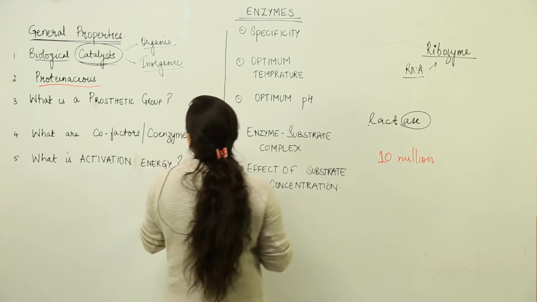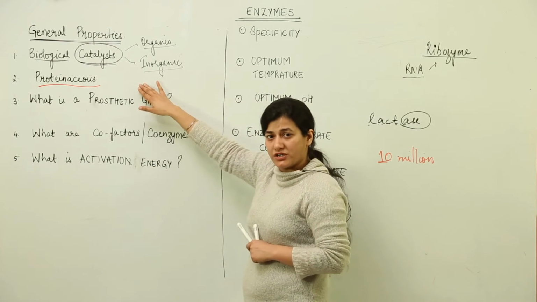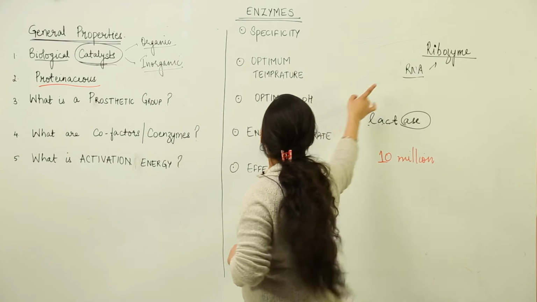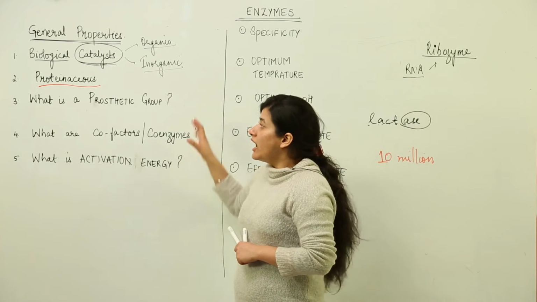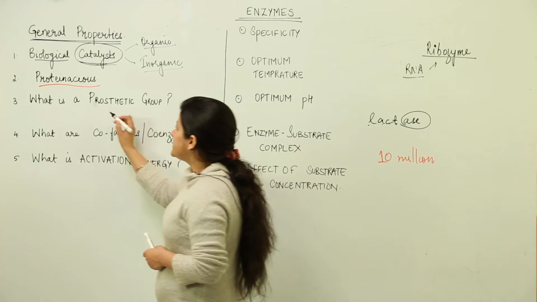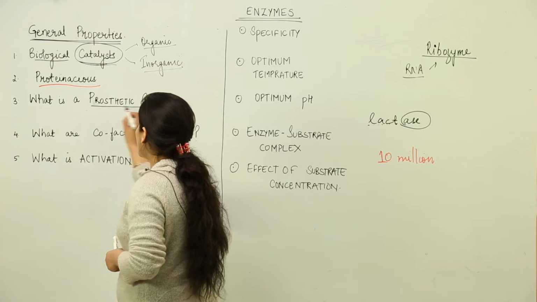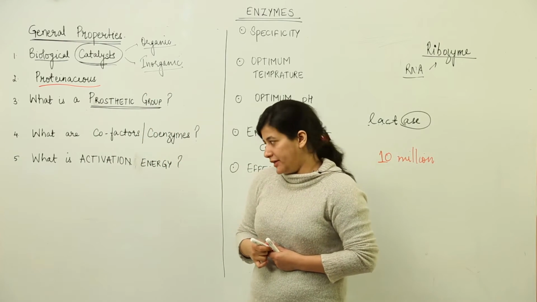So when we talk about the basic composition, we say that it is proteinaceous, or it could be a nucleic acid, as in the case of ribozyme, that would be acting as a biological catalyst. Apart from the proteinaceous part, the enzyme can have a prosthetic group along with it. So the question arises, what is a prosthetic group basically?